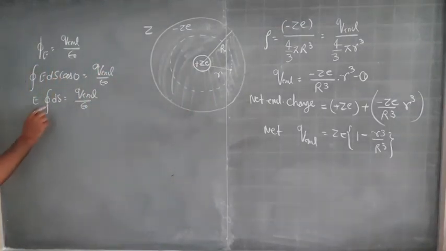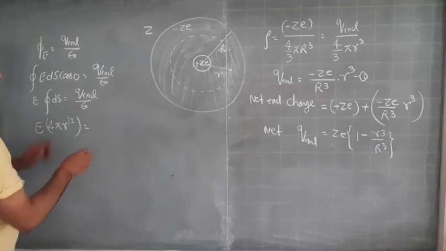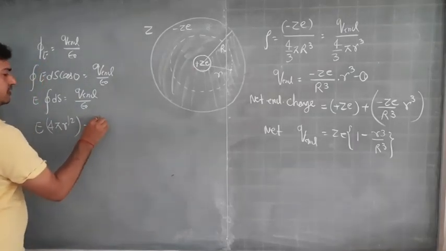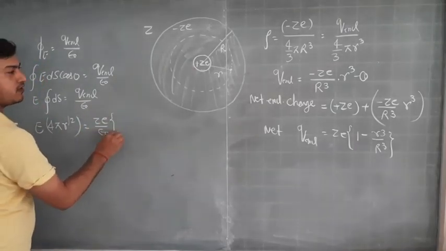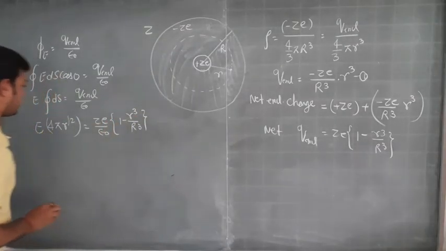So this is E, ds is the surface area, that is 4 pi r square, just like the previous situations, and the enclosed charge is that one, Ze by epsilon naught times 1 minus r cube by R cube.